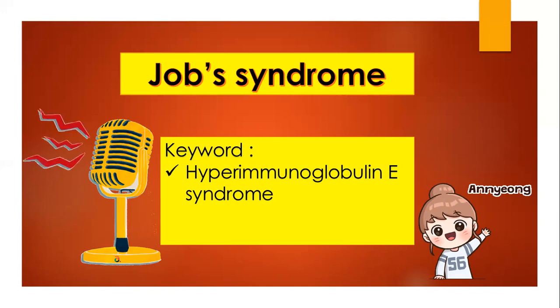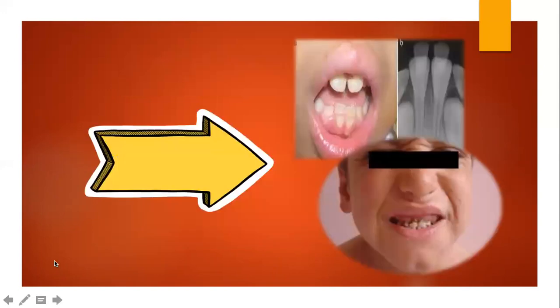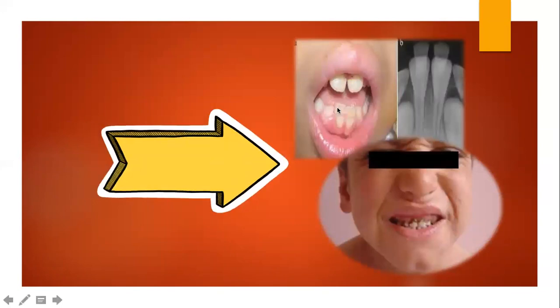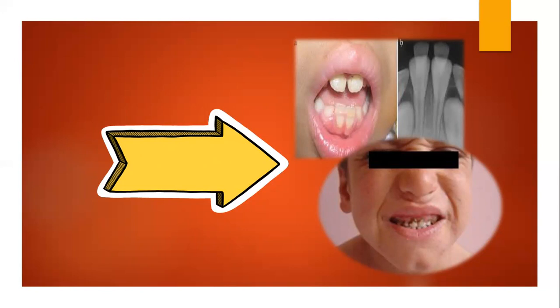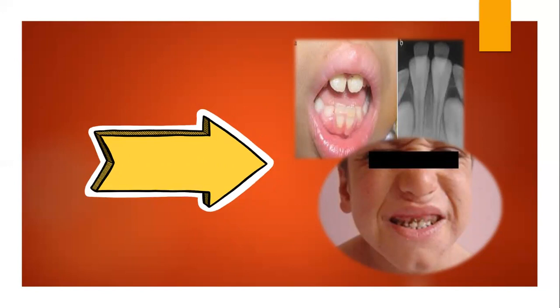And also, in this type of condition, what are the clinical manifestations that may be associated? So as you can see here, there can be facial, dental, and skeletal features that are associated with this type of syndrome. So you remember Job syndrome, there is a defect in the chemotactic function that affects its migratory response.